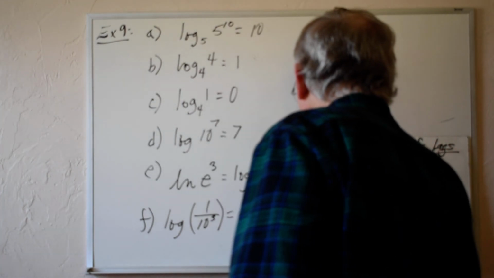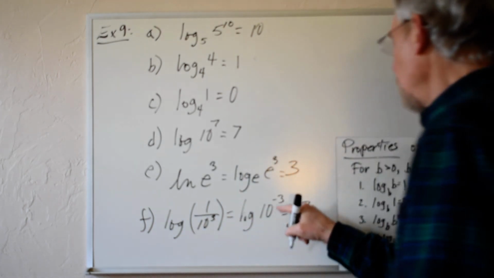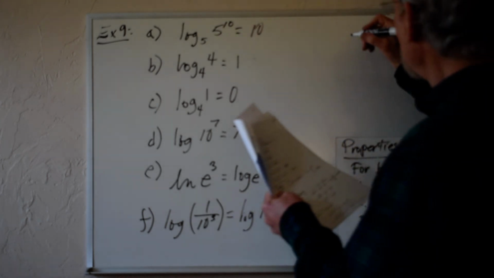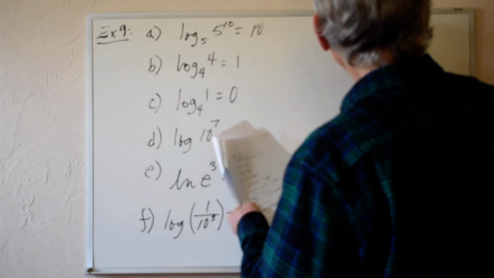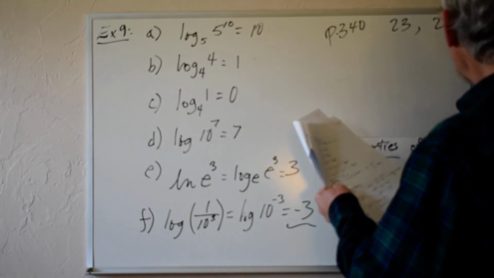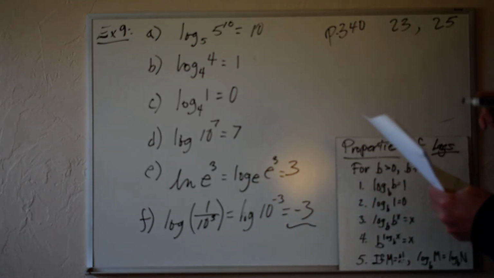Then use property 3, say, oh, it's just equal to the exponent. Okay, now you do a couple. On page 340, do number 23 and do number 25.